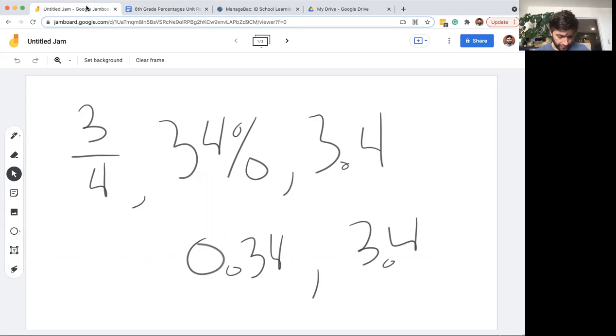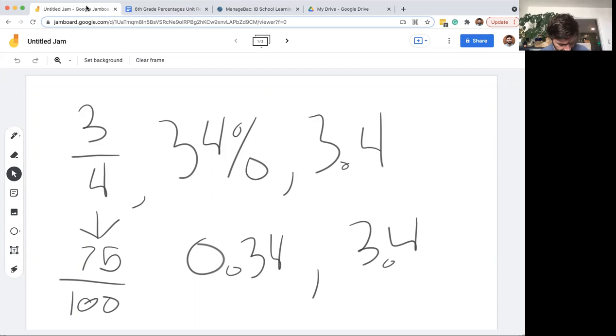Okay, so now I need to convert 3/4 to a decimal. I want to get my denominator to 10 or 100 or 1000 to convert to a decimal. Quickest way to do that is just to know that 4 times 25 is 100. So 3 times 25 would tell me what the equivalent fraction out of 100 is, 75 hundredths.